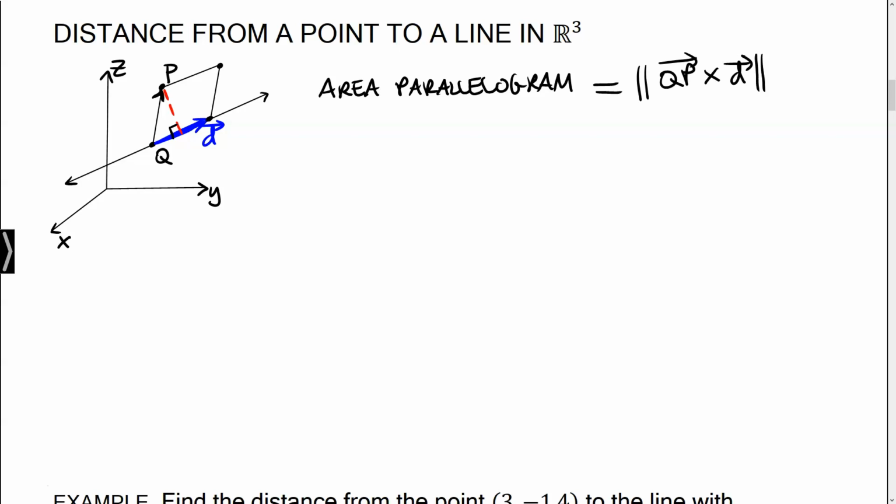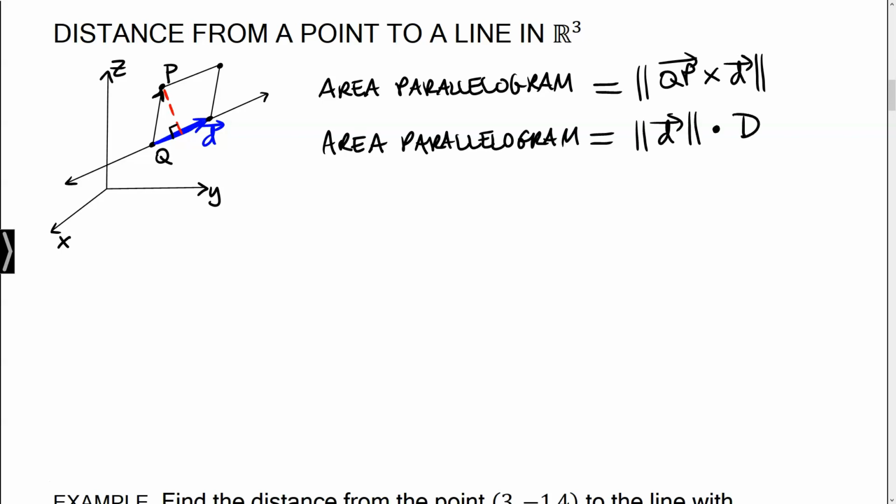However, we also know that the area of the parallelogram also has to equal base times height. That's just the area of a parallelogram. Now, what's the base? Well, the base is just the length of the direction vector D. And then the height is the distance that we want. So this has length d.